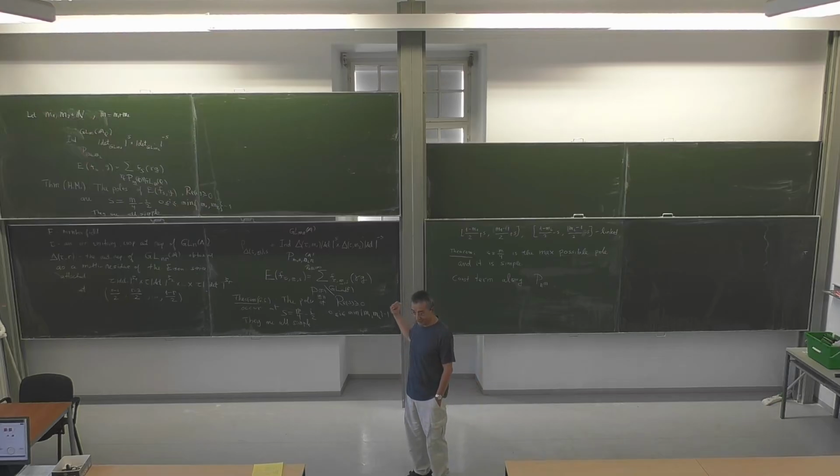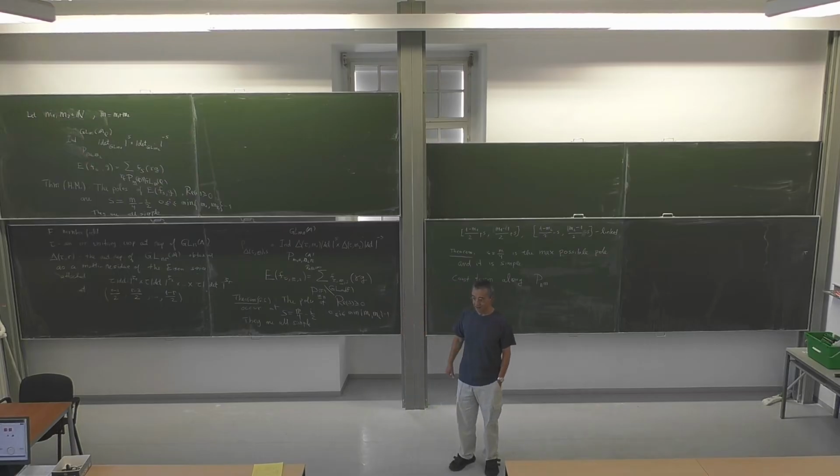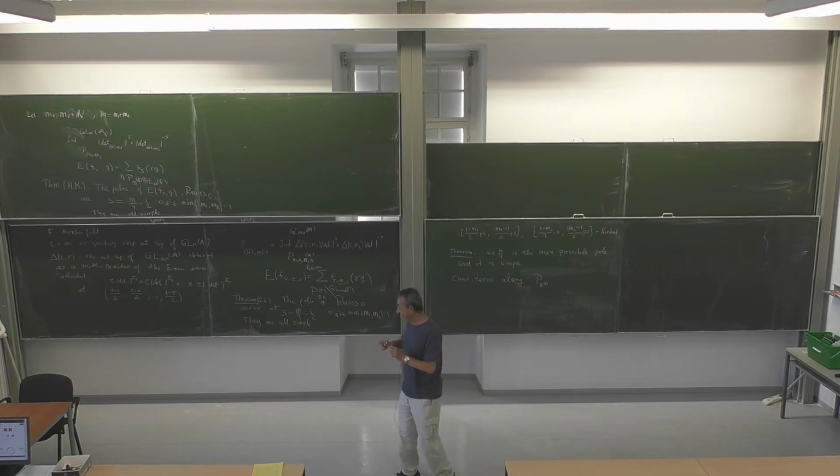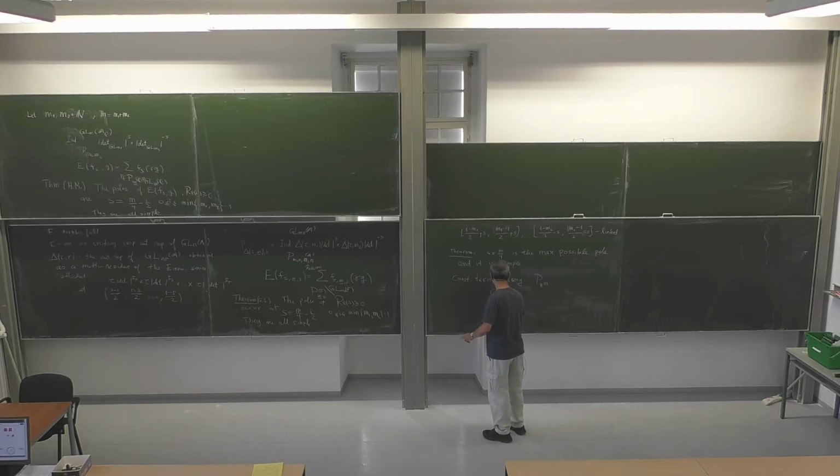You can write the constant term. It's a sum of many intertwining operators, and for this parabolic subgroup you have to take the Weyl elements coming from it. There are many.